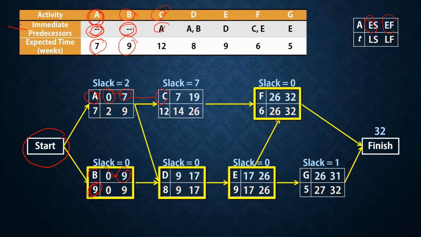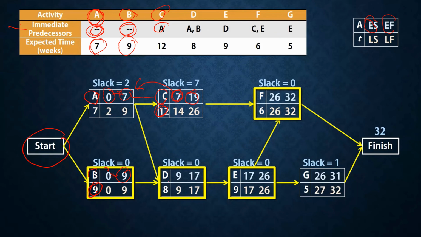C requires 12 weeks. So C can start, early start is 7, after A finishes. So 12 plus 7 is 19.